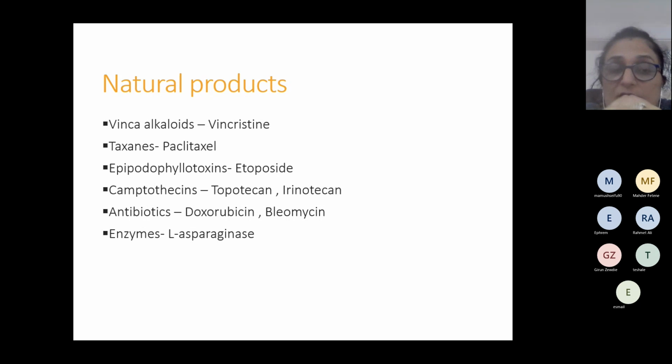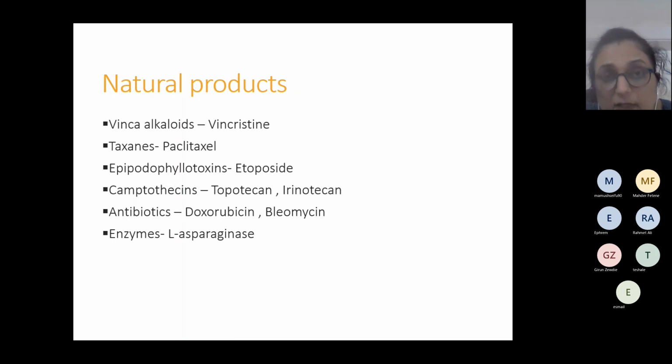Like you have Vinca alkaloids, they come from the Vinca class of trees. So there you have the drugs like vincristine, vinblastine, vinorelbine.